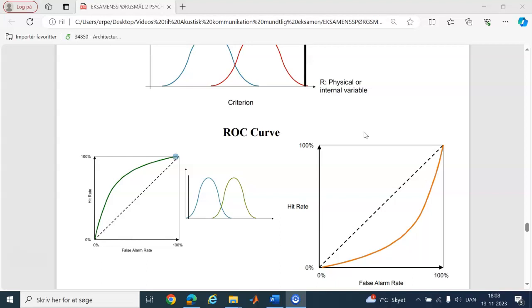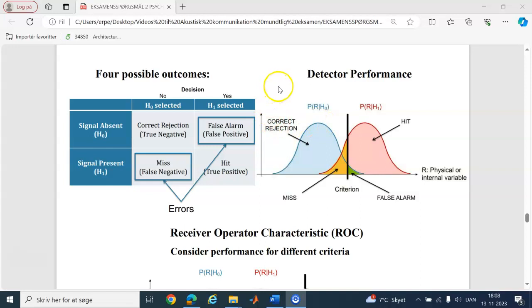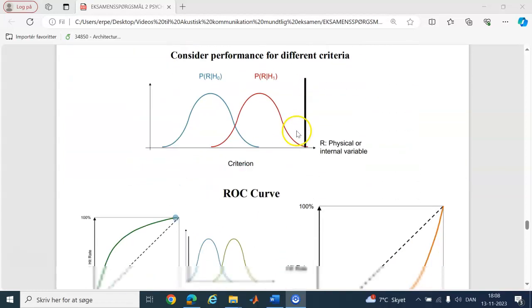So we are looking at the false alarm rate as the first axis and the hit rate. A false alarm is that we select H1, that there is a signal, but there is no signal. The hit is that we select there is a signal, and the signal is present.